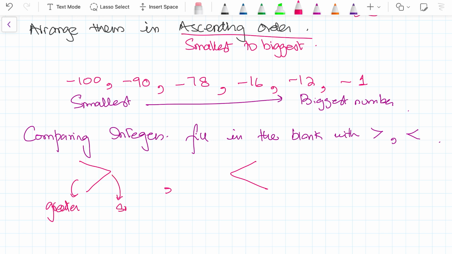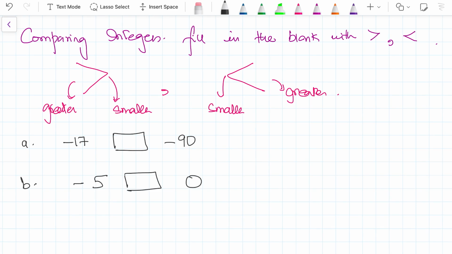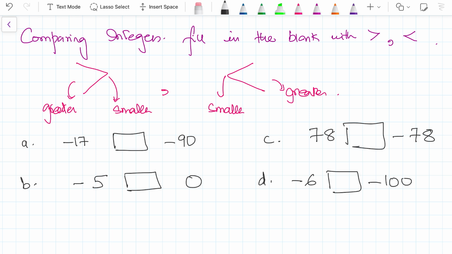This side is the smaller side. Smaller side and the greater side. So let's say my question says, these are my 4 questions.